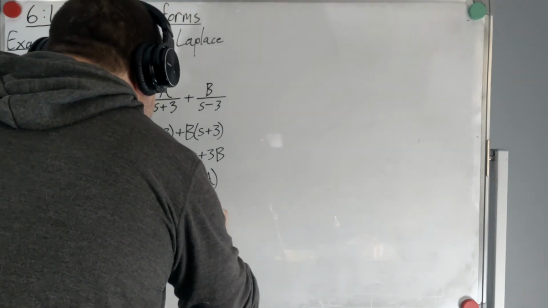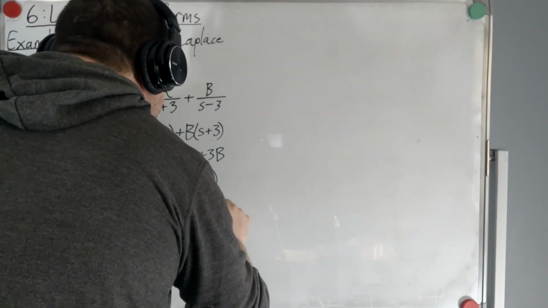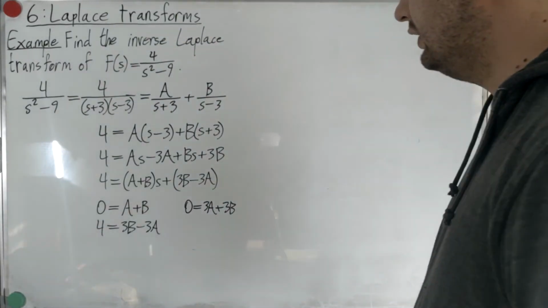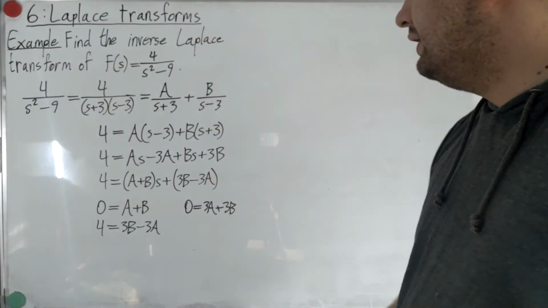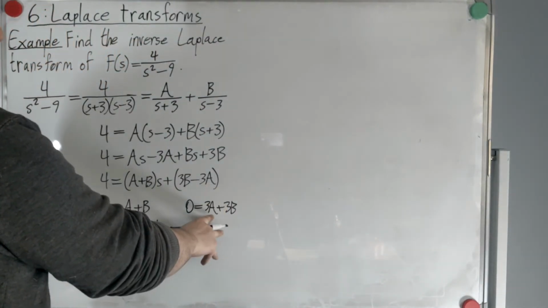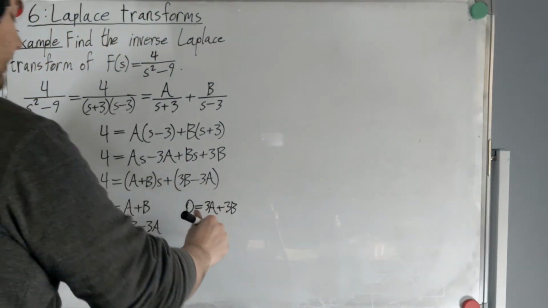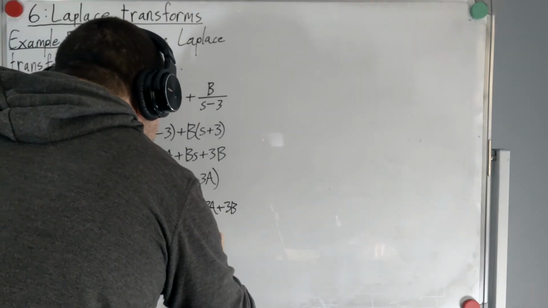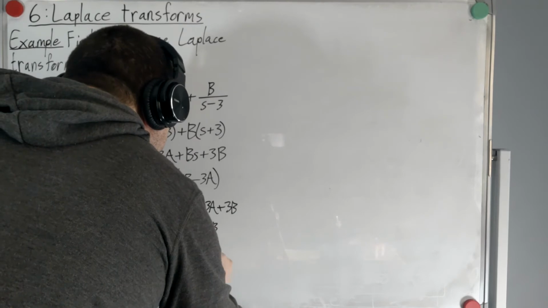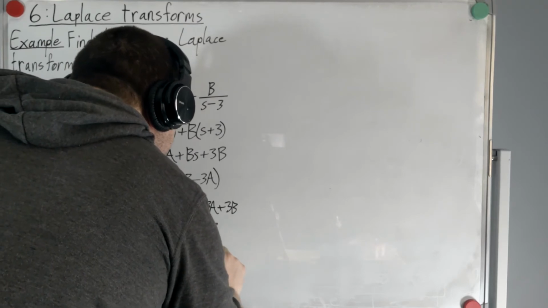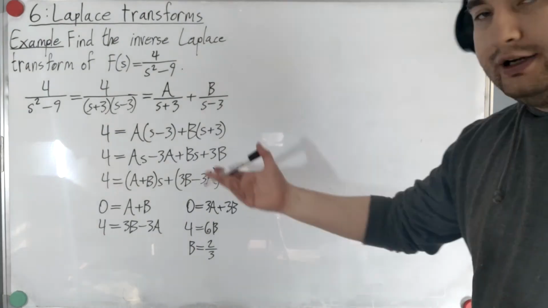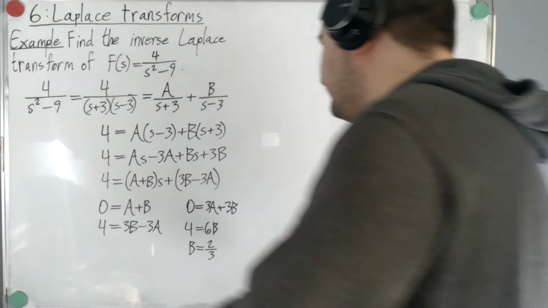When we do that, we get 0 equals 3A plus 3B. If you add that to the second equation, the 3A's will cancel out, and then you have 6B equals 4. Therefore, B equals 2/3. And in that case, A equals negative 2/3.